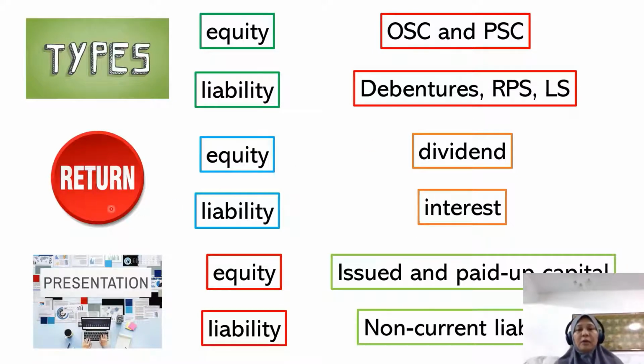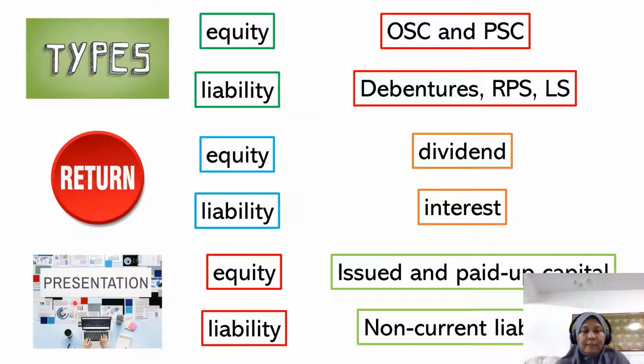All right, the difference in terms of return: for equity instruments, we call the public who subscribe to the shares of the companies shareholders, and the shareholders would receive a return in the form of dividend. As for liability, the lenders or the creditors would receive a return in the form of interest.